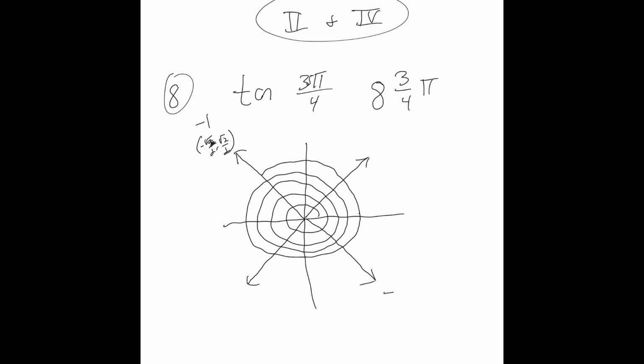Same thing in quadrant 4, it would be -1, because it's a negative divided by a positive. In quadrant 1 it would be +1, a positive divided by a positive, and quadrant 3 would be +1 also, because it's a negative divided by a negative. So tangent of 35 pi over 4 is -1.